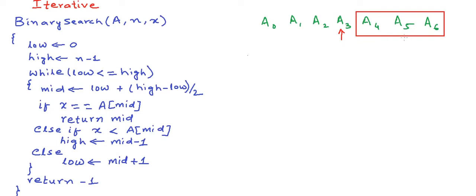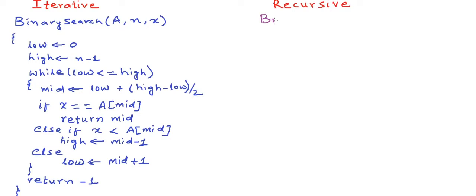And we keep on repeating this process in the new segment until either we find x or we cannot divide the search space any further. At low equal to high, our search space reduces to only one element. After that, we cannot divide it any further. Binary search is a typical example of a divide and conquer algorithm in which at each step we are dividing the problem into half. Let us now write the recursive implementation.